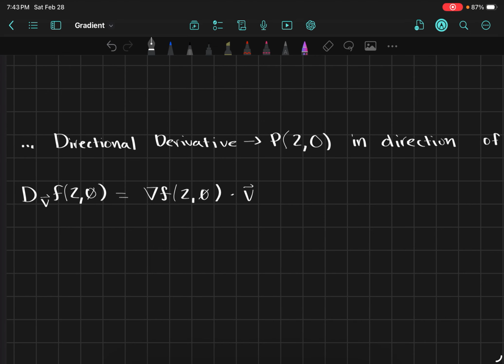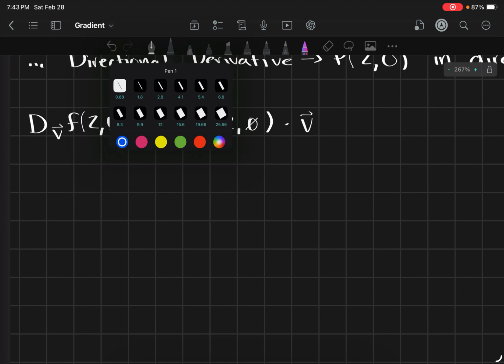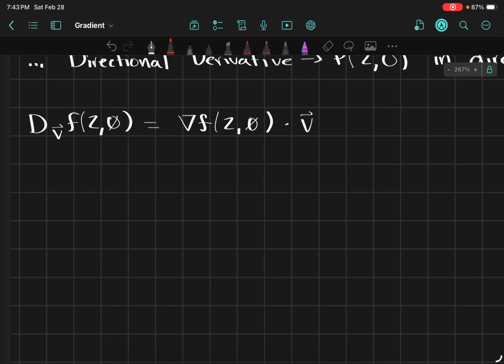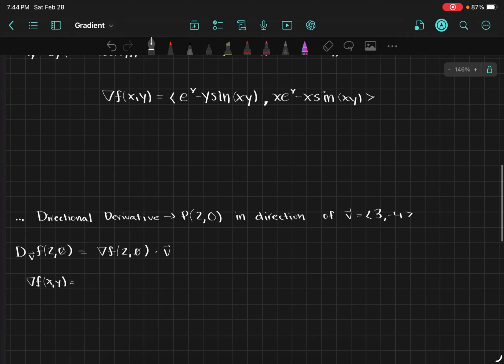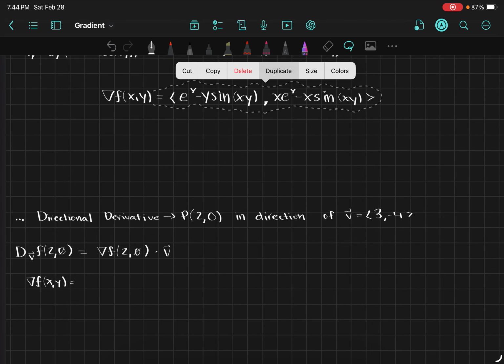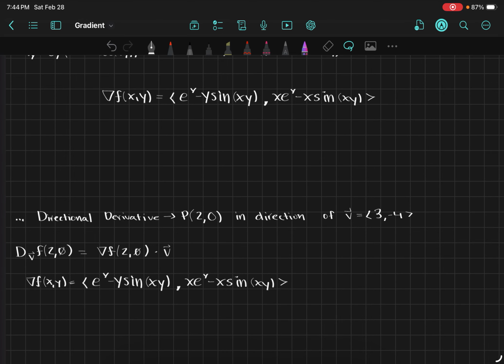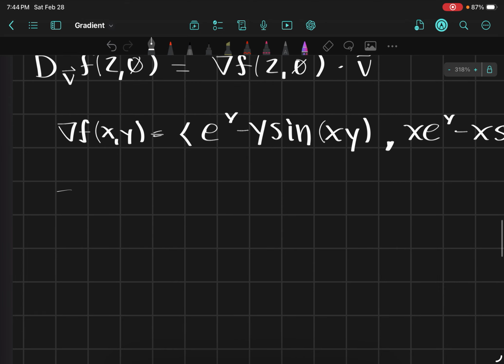Well, it looks good. We'll compute our gradient first. So our gradient of f(x,y) is going to be, I'm just going to go ahead and copy and paste this. It's a little bit long. A little bit ugly. We're good. So then our gradient evaluated at our point (2, 0) is just going to equal what?